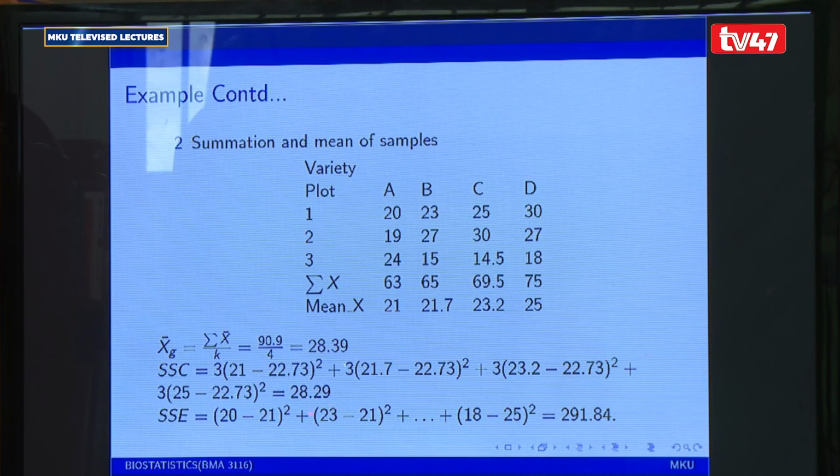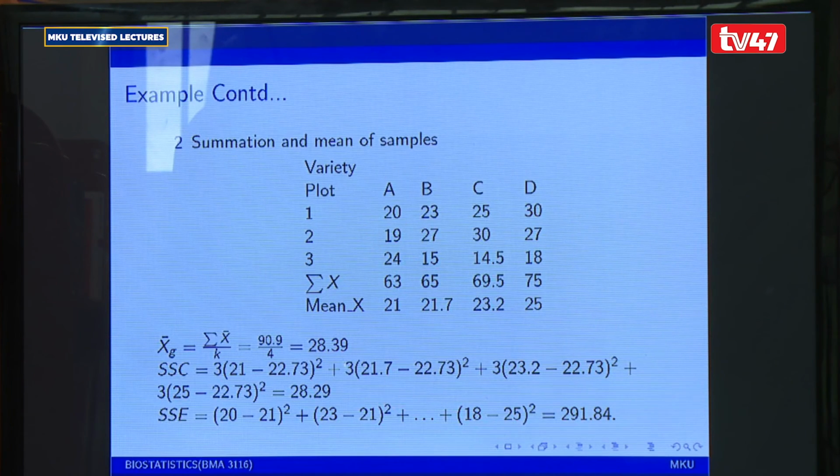So SSE is the mean of each of the varieties, you minus the observation of each observation in the sample. So the mean of the first variety is 21. So we will take 21, we subtract 20, we subtract 21, 19, and 24. They are here.